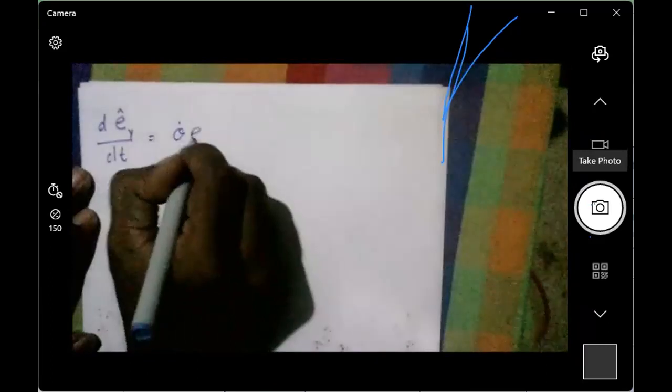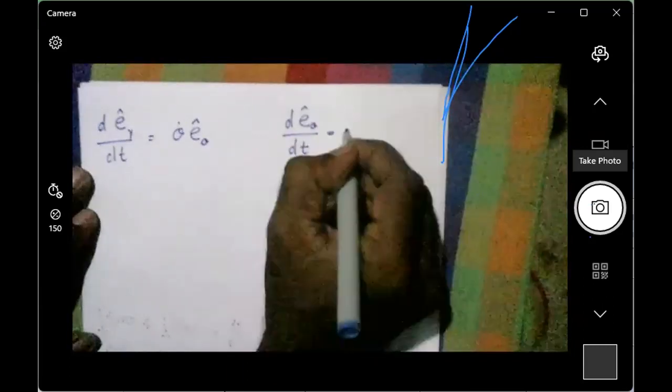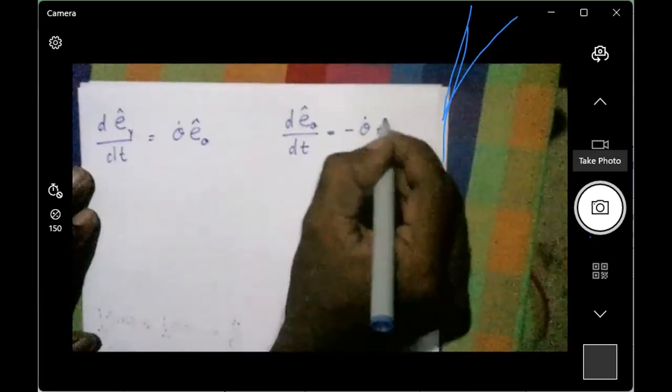So we have the time derivatives of the unit vectors. It is theta dot e theta, and the other one is minus theta dot e r.